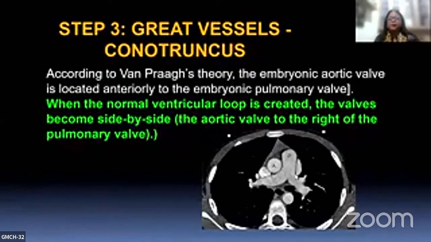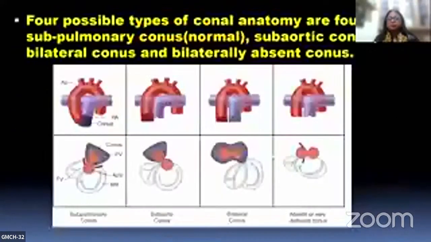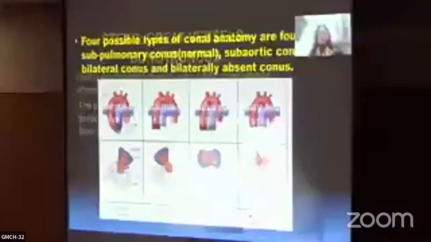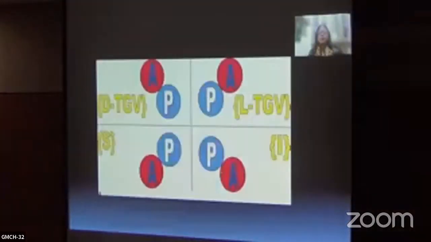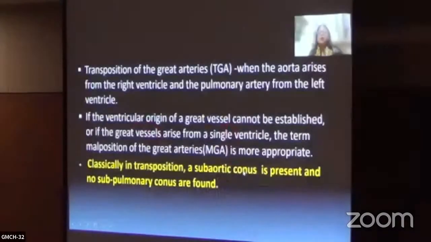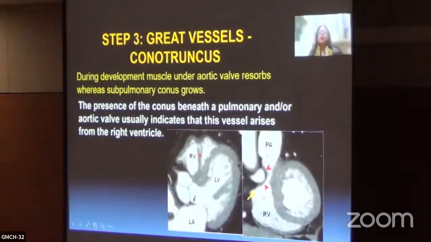This is normal. So this is what is normal in a situs solitus when the aortic valve will be on the right side of the pulmonary valve, and in situs inversus where the aortic valve will be on the left side of the pulmonary valve. Now, during development, muscle under the aortic valve resorbs, whereas the subpulmonary conus grows.